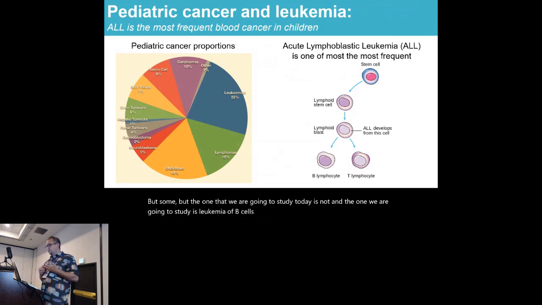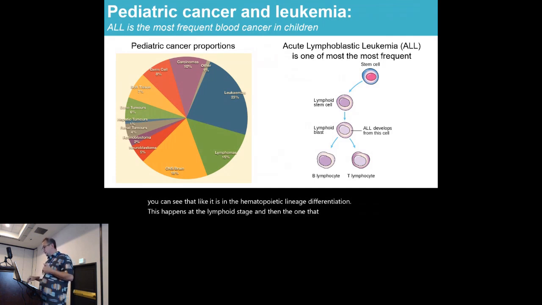It's an acute lymphoblastic leukemia, and you can see that it is in the hematopoietic lineage differentiation. This happens at the lymphoid stage, and the one we are specifically working on happens at the pre-B cell stage. Cells are committed towards being B cells, but they haven't gone all the way; they are early in that.